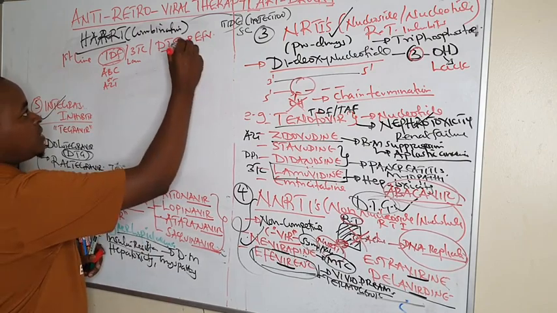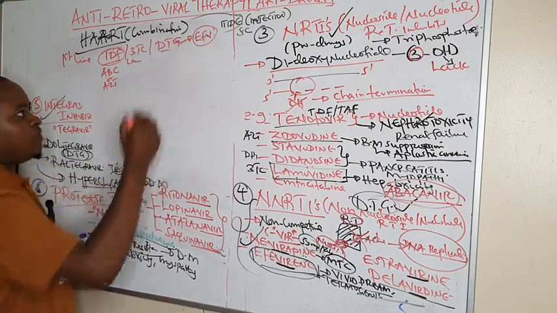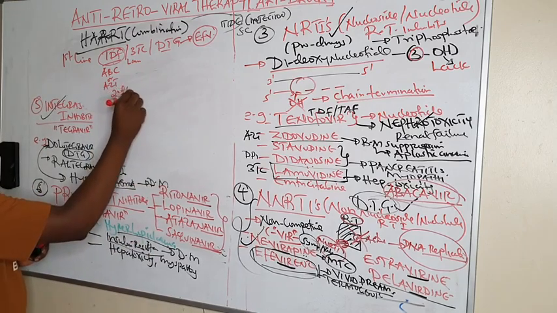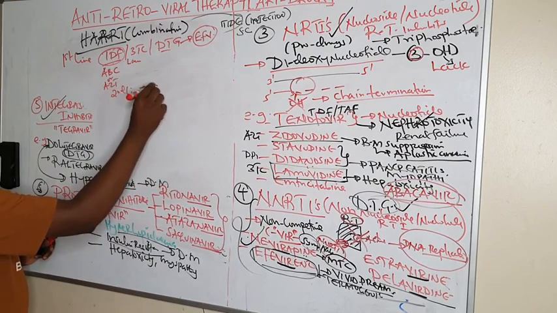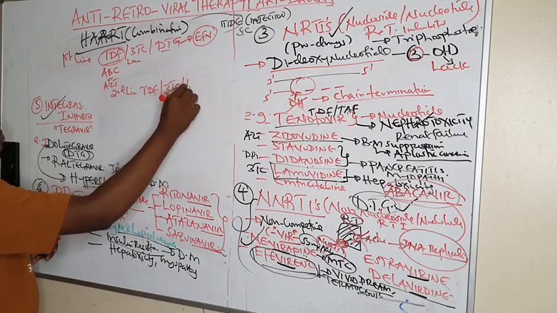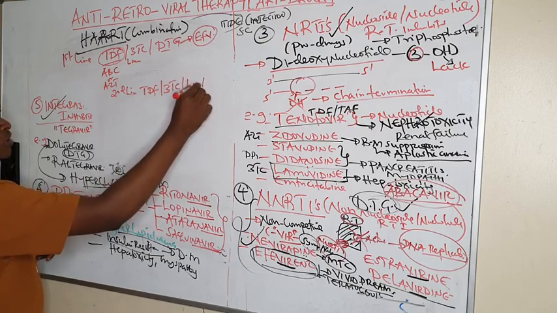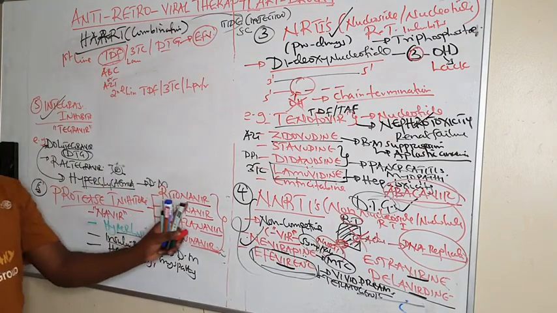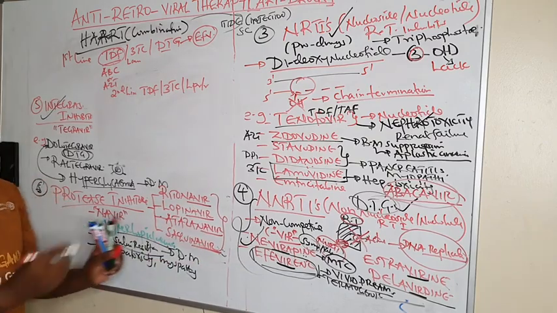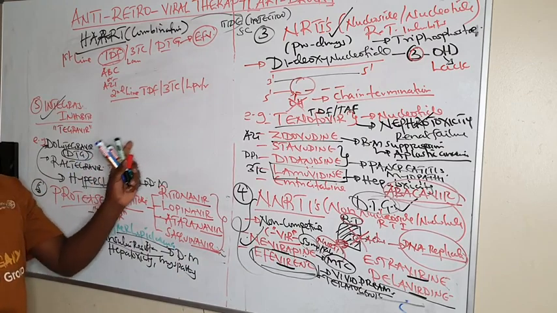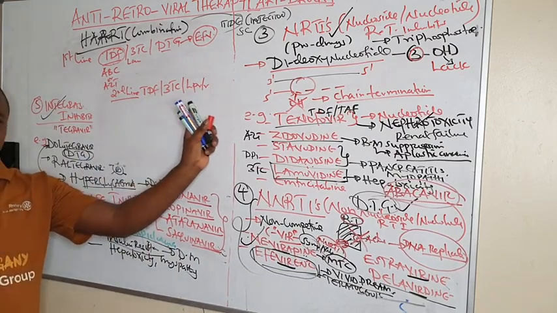In the first line we use efavirenz, but if it is the second line, we can use TDF/lamivudine/lopinavir/ritonavir. So this one becomes the second line. This is the second line treatment in HIV.